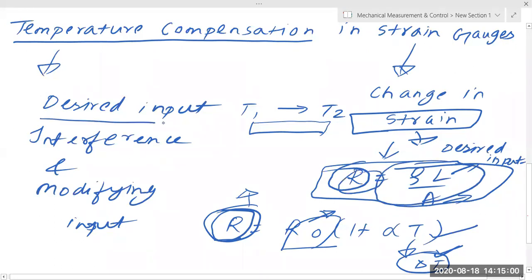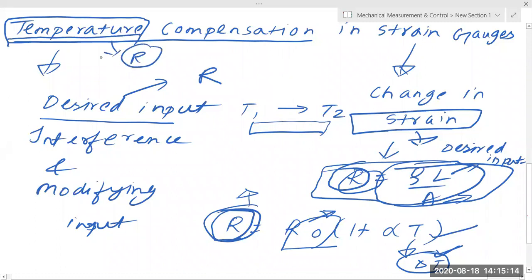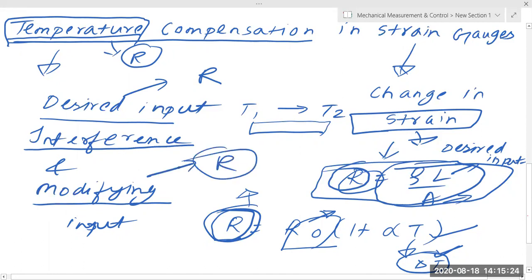So the desired input will lead to change in resistance. But suppose there is an interference input. Consider the temperature of the system is changing. Then the resistance of the system will also change due to the change in temperature. So temperature is acting as an interference, or a modifying input, which will also lead to change in resistance. I hope you're getting it.